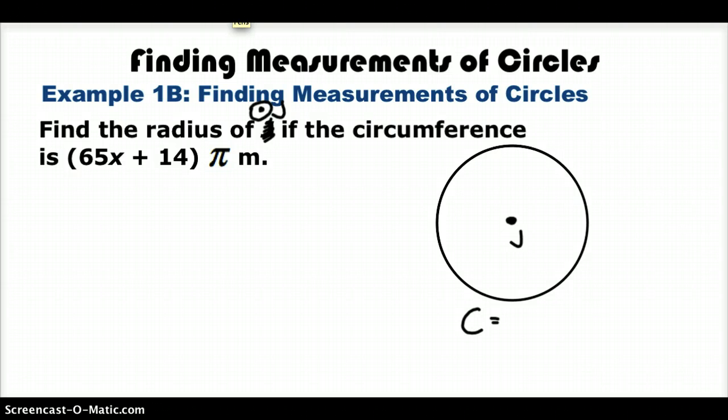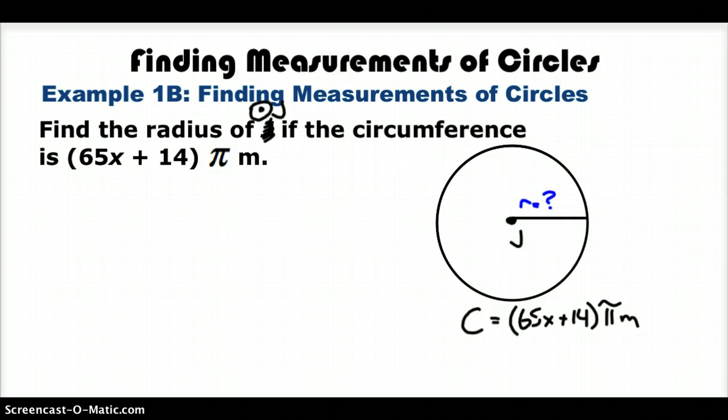The circumference is equal to 65x plus 14 pi meters, and we want to know the radius. So we want to know this part right here. I'm just going to write the rest of this part in pen and say radius equals what?